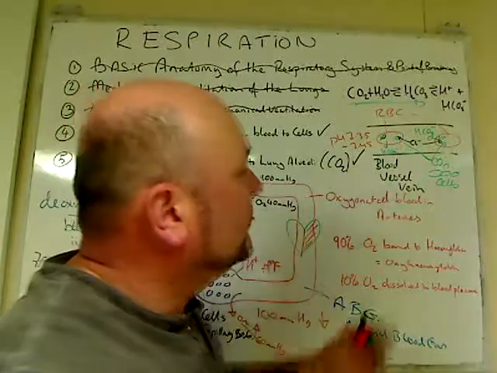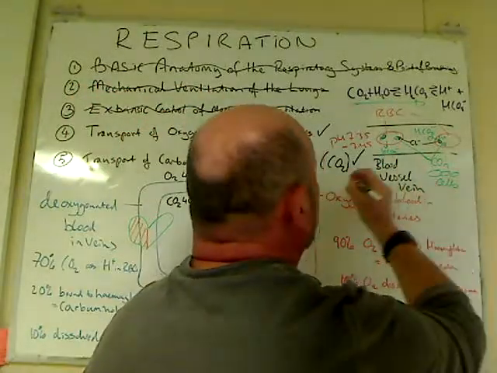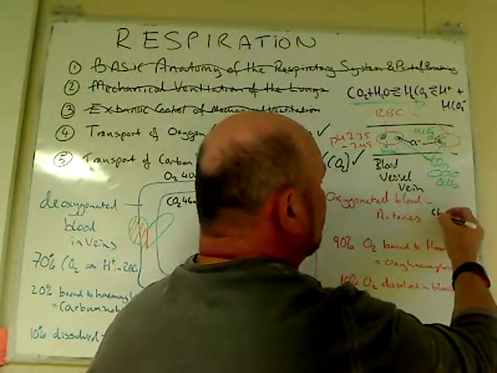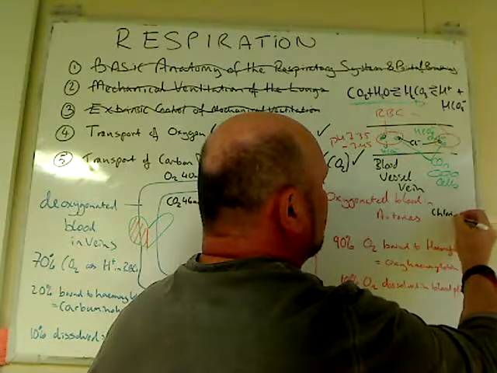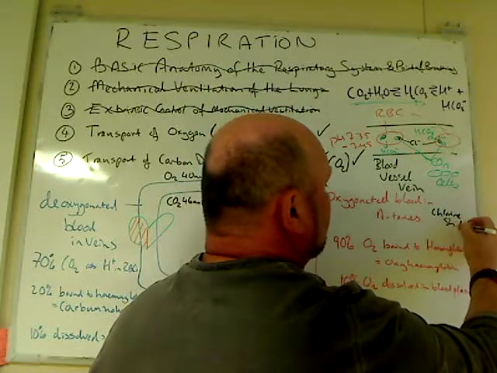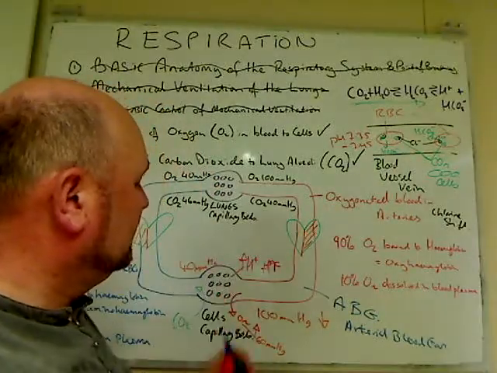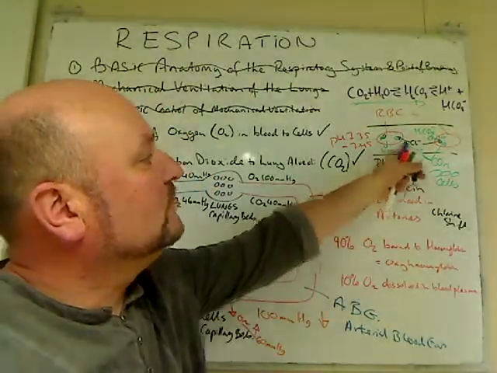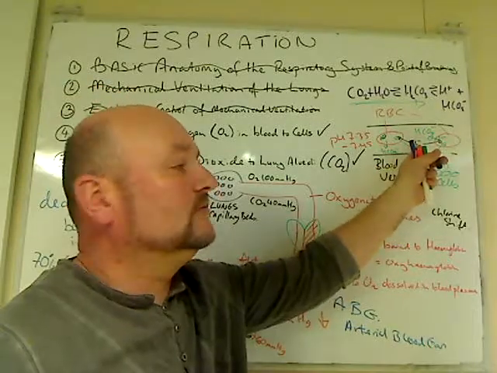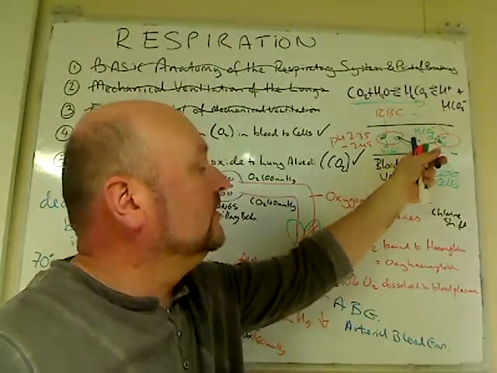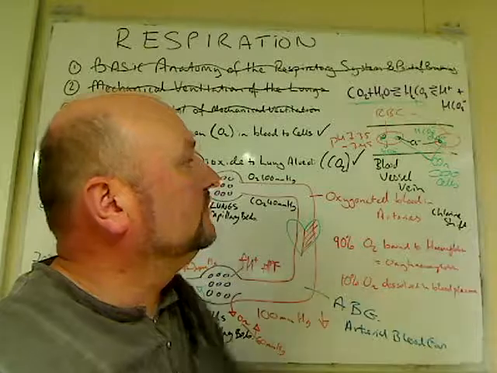This is referred to as the chloride shift. It's moving at the capillaries into the red blood cell. So we're seeing a drop in chloride in the plasma phase of the blood.